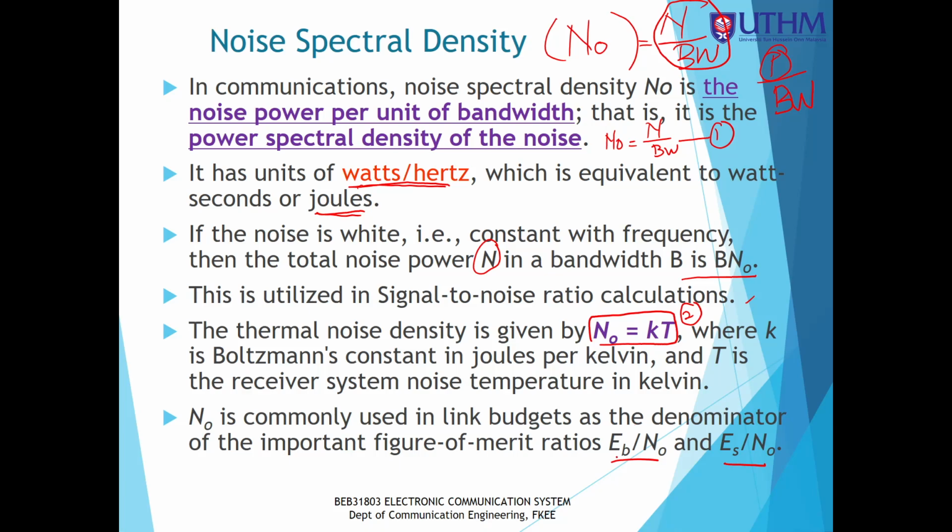Both of these are performance parameters commonly used for digital systems. They are equivalent, not the same, to the SNR in analog. In analog, we normally measure the performance of the transmitter and receiver in terms of signal to noise ratio. However, in digital systems, we commonly use both of these parameters to measure the performance of the transmitter and the receiver.